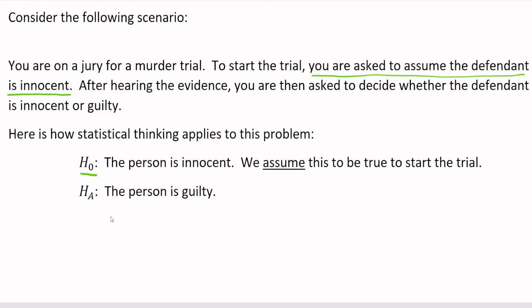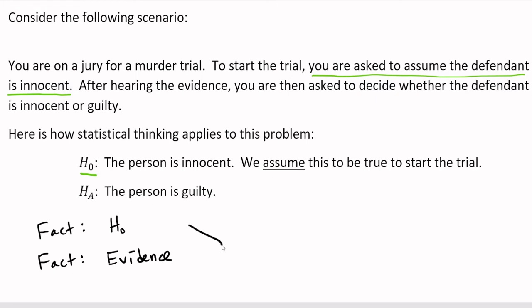And then what you do is you take two things and put them together, okay? Here's what you end up doing here. You take two things. You say, first of all, I'm going to take as fact for a second the null, the person's innocent. I'm going to also take as fact the evidence, right? So all the things that you were presented during the trial, the evidence, you're going to take that as true. You're going to take that they're innocent as true.